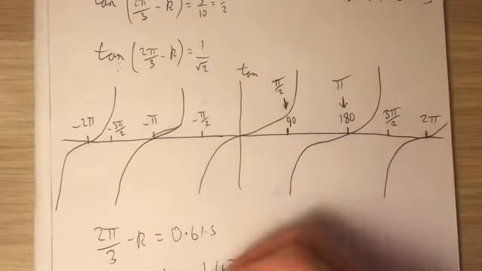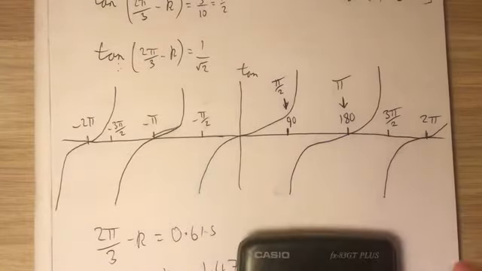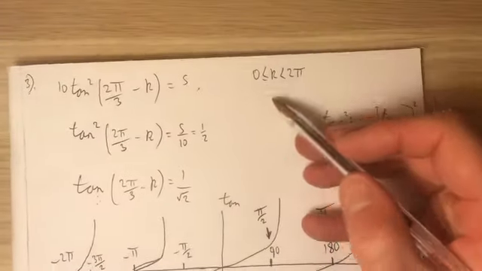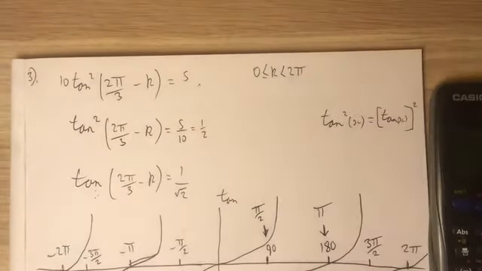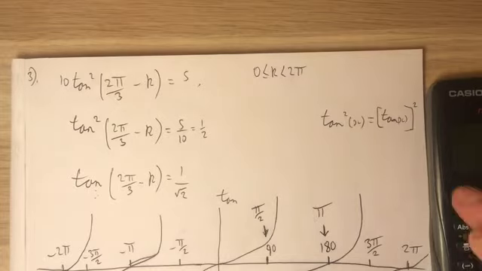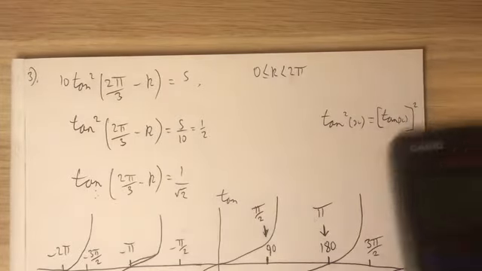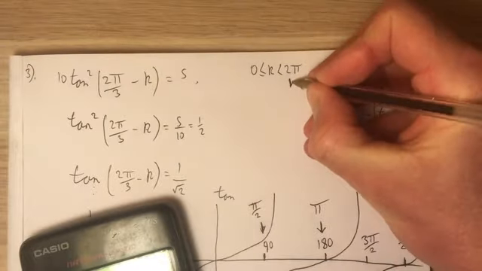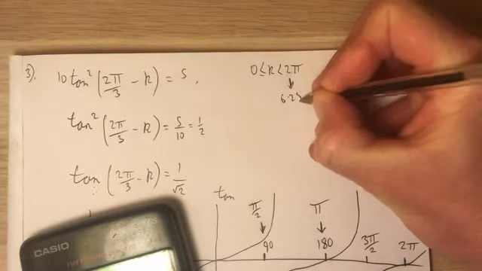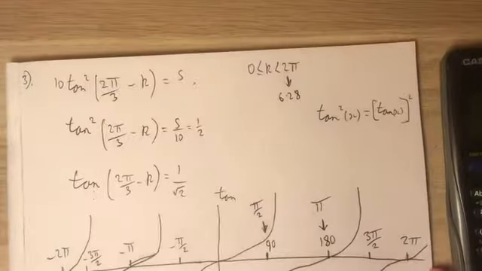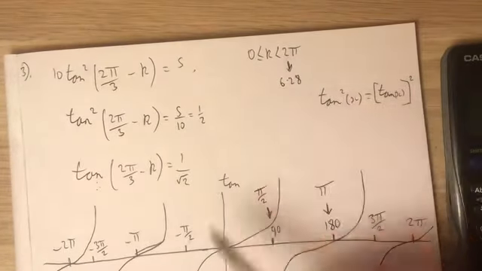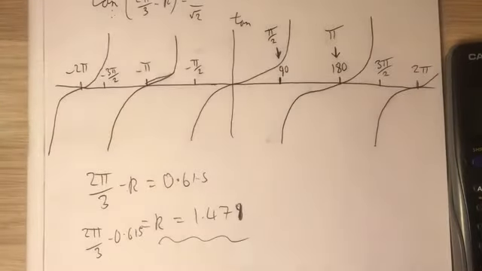Okay, that is one answer. Does it live in my range of required answers? Well, let's just check. How big is 2 pi? Well, 2 times 3 and a bit, it'll be 6 and a bit, right? So 6.28. I want all the answers for k that live in here. So I've got a good start there.